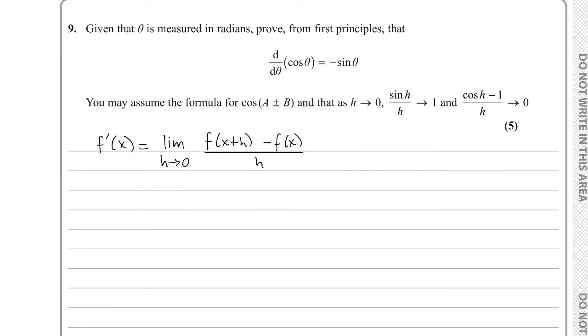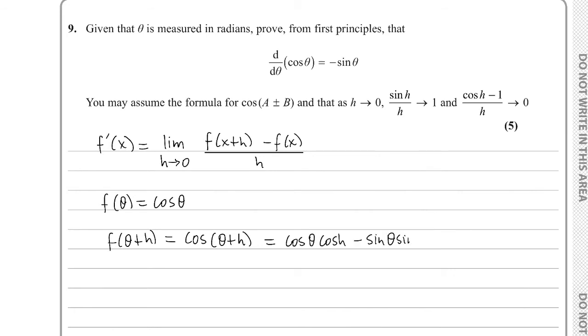If we just set f of theta to be cos theta, then f of theta plus h would be cos of theta plus h, which using the compound formula will be cos theta cos h minus sine theta sine h.